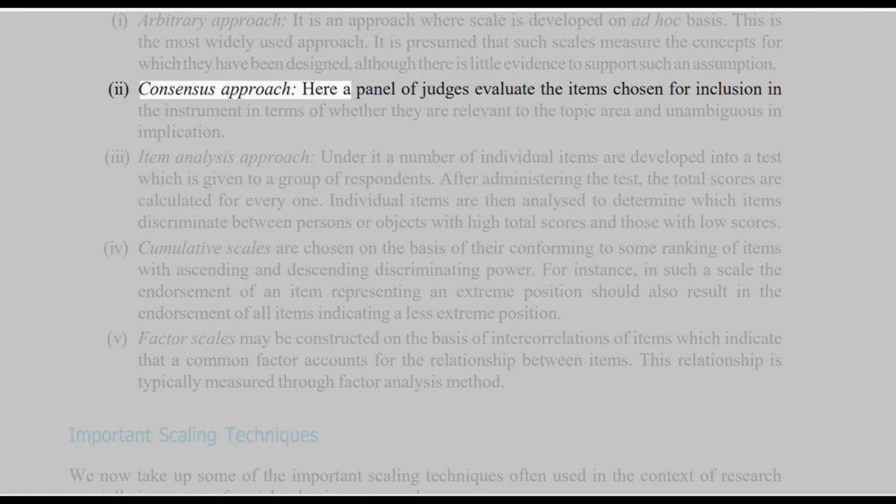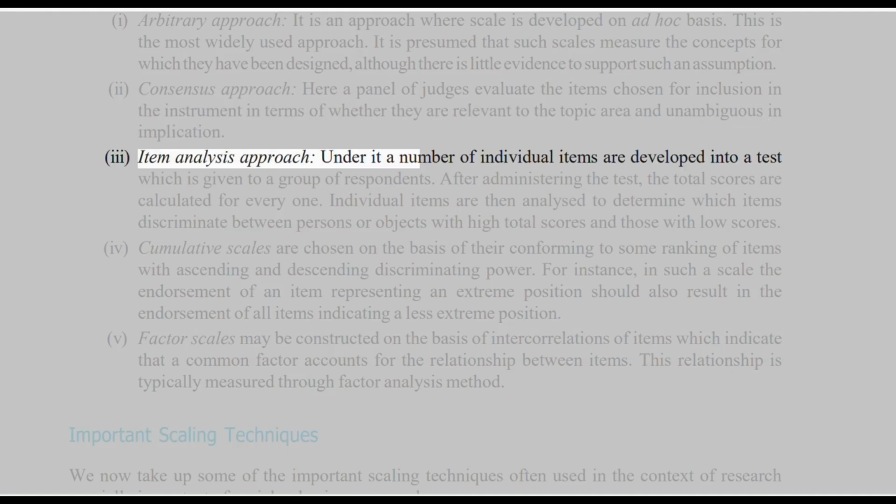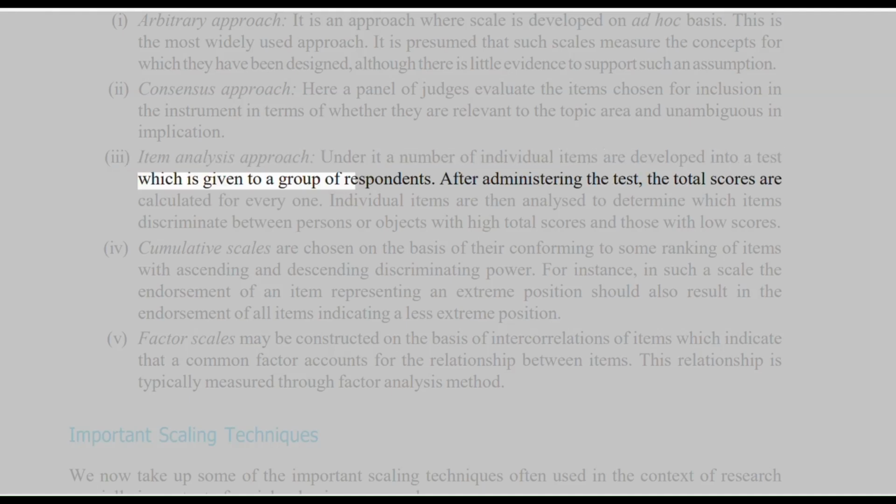2. Consensus approach. Here a panel of judges evaluate the items chosen for inclusion in the instrument in terms of whether they are relevant to the topic area and unambiguous in implication. 3. Item analysis approach. Under it, a number of individual items are developed into a test which is given to a group of respondents.